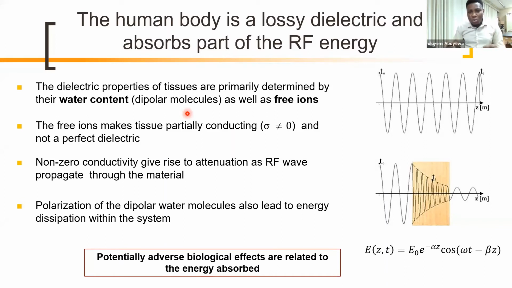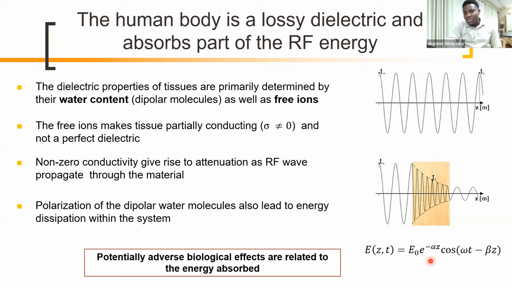And every dipole will want to minimize its energy, so it will want to align with your field. And so there is some orientational polarization in dipolar molecules that also leads to energy dissipation within our system. It is this absorbed energy that leads to some potentially adverse biological effects that we know of regarding radiofrequency waves.